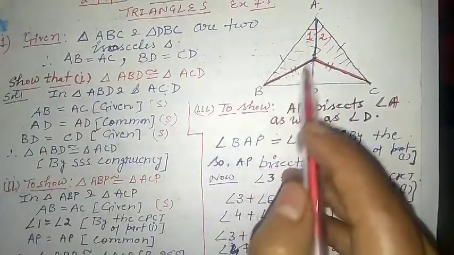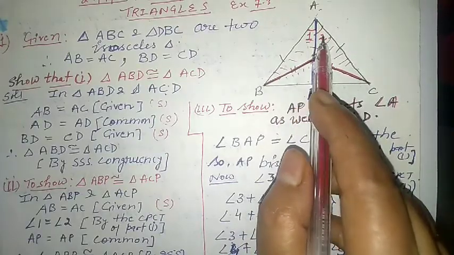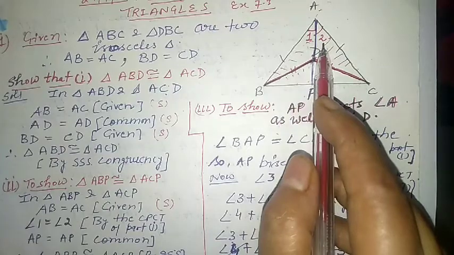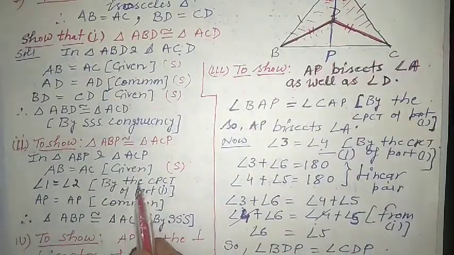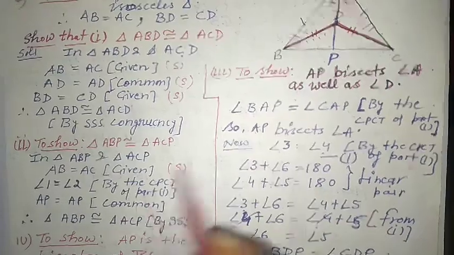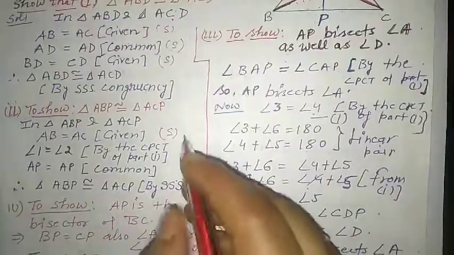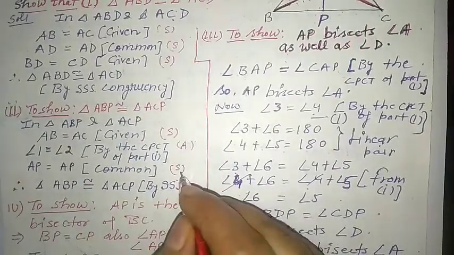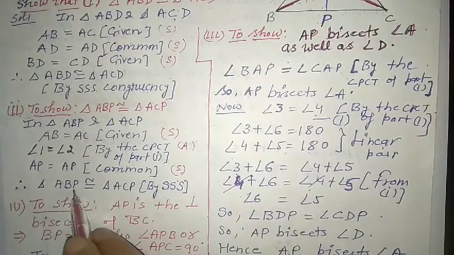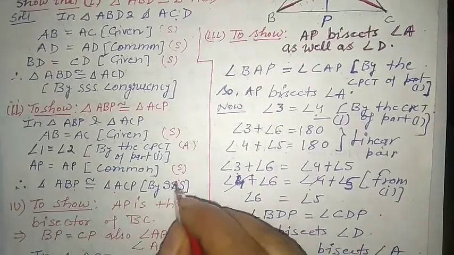In part first, we have already proved that these two triangles are congruent, so their corresponding parts will also be equal. And AP is equal to AP, that is common, a side. So this is S, A and S. By SAS congruency, we can say that triangle ABP and triangle ACP are congruent.